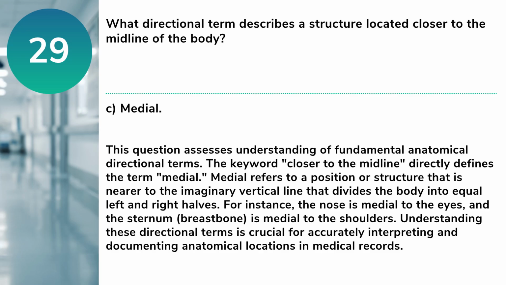Medial refers to a position or structure that is nearer to the imaginary vertical line that divides the body into equal left and right halves. For instance, the nose is medial to the eyes, and the sternum, breastbone, is medial to the shoulders. Understanding these directional terms is crucial for accurately interpreting and documenting anatomical locations in medical records.